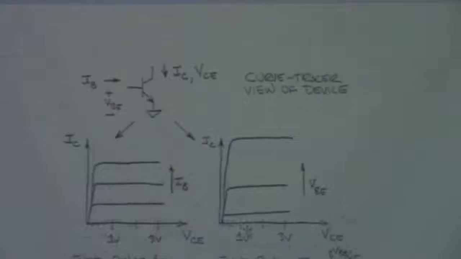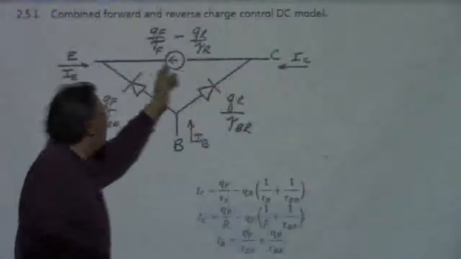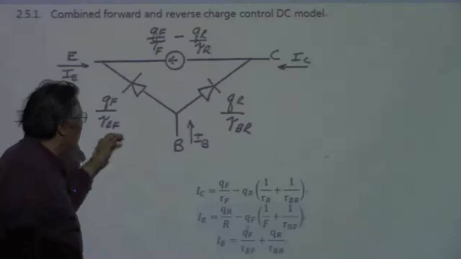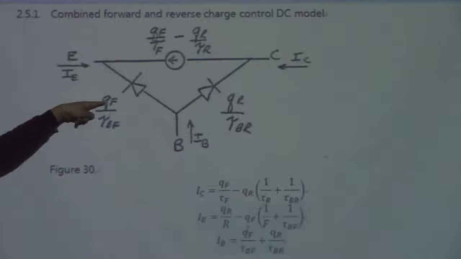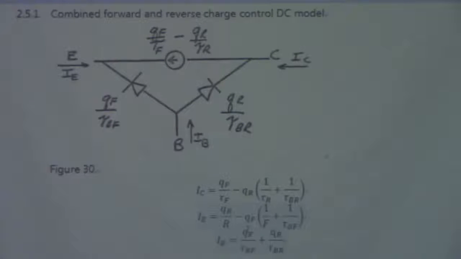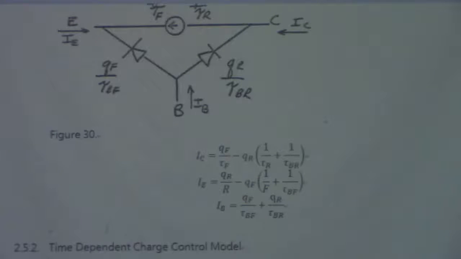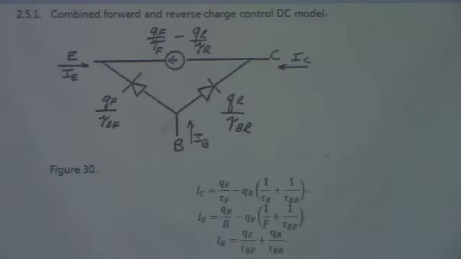So as a whole, this is the terminal current, and the current between those two terminals is given by these equations, the charges divided by the characteristic time. And this characteristic time is defined according to the parameters of the bipolar transistor itself. Now, this is the collector current, emitter current and base current, for which we derived the models here.